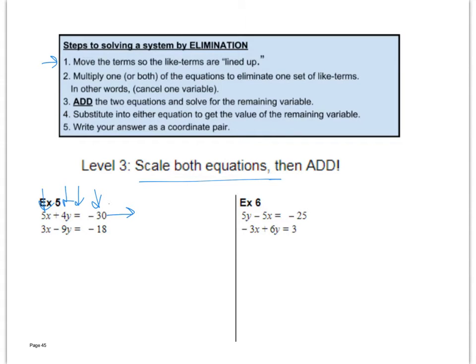So the first thing I'm going to do is just look at the first term. I'm going to look at only x. You could look at y. It doesn't really matter. But I'm going to look at x on this first one. And I see that this top x term has a coefficient of 5, and that bottom one has a coefficient of 3. And I'm going to use the strategy we use when we make common denominators for fractions.